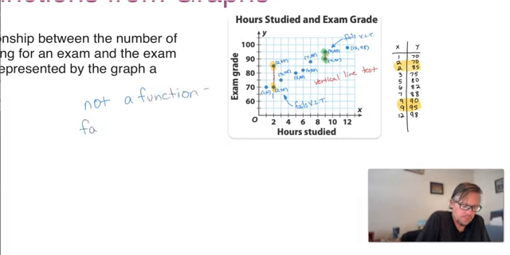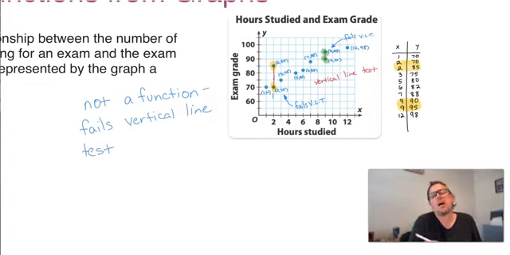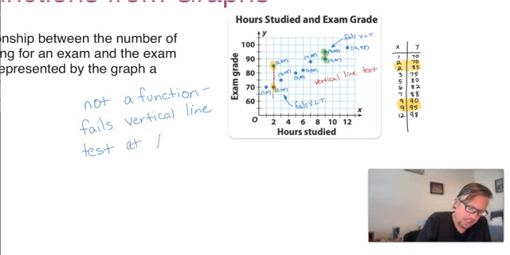It fails the vertical line test. The vertical line test is what we call it, but it is just a way of checking and saying, is there any spot on this graph that has the same x coordinate with 2 different y coordinates, which is a giveaway that it's not a function. If we have an x input that has 2 different outputs, it fails the vertical line test at x equals 2.